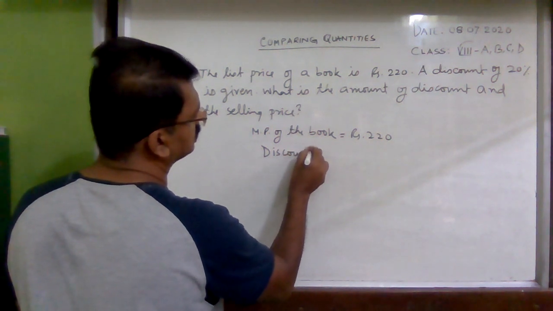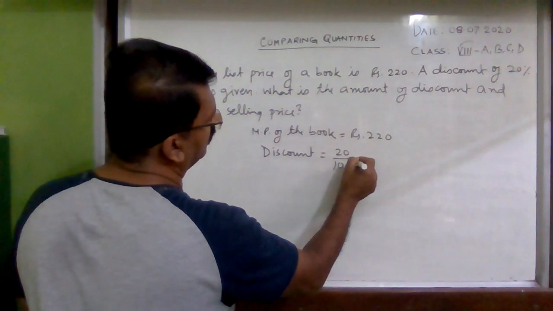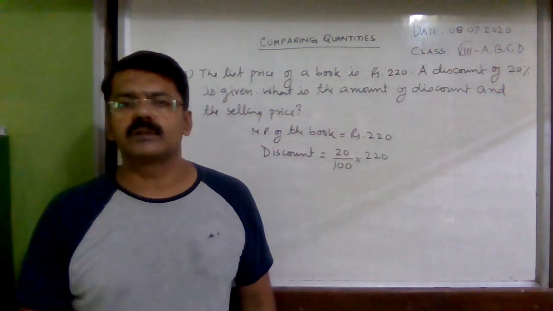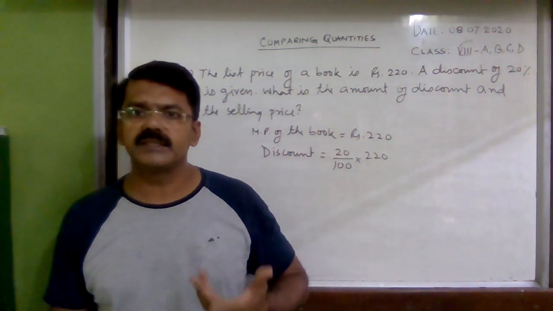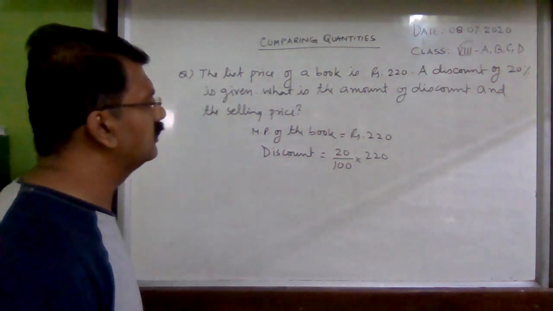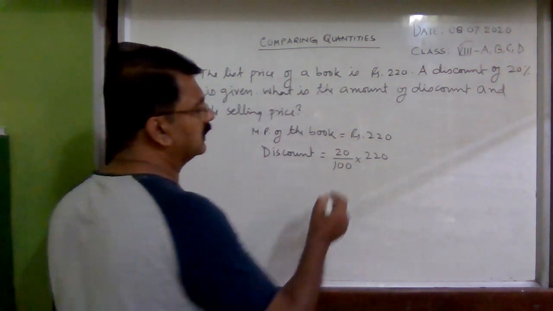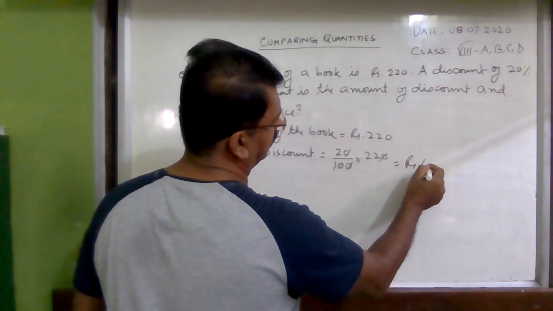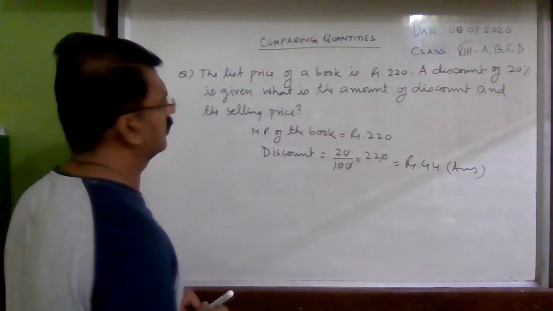Discount is 20% of 220. It is given that the discount is 20% of the marked price and the marked price is 220. So the discount will be 20% of 220, which is rupees 44. So this is the answer to the first part, the amount of discount.